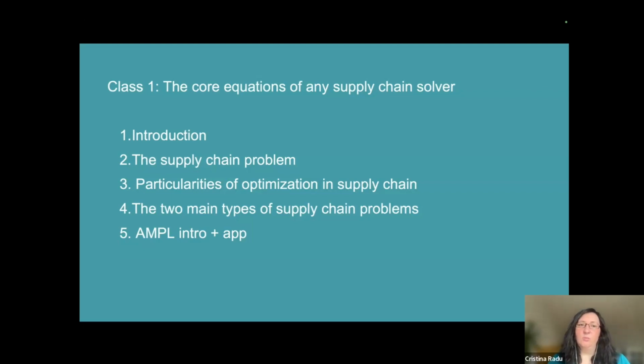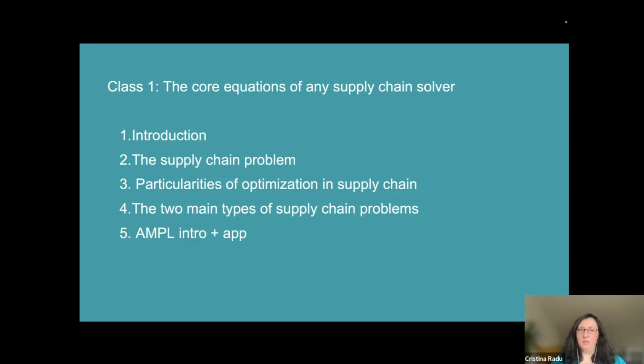We're going to talk about the supply chain problem, what's particular about it, and how do we look at it, because this course is aimed to teach you how to think about supply chain problems, and then how to translate that into mathematical concepts and further into solvers. The two main types of supply chain problems I already mentioned, the production optimization and network optimization. And Felipe is going to tell you a little bit about AMPL and show you the app.